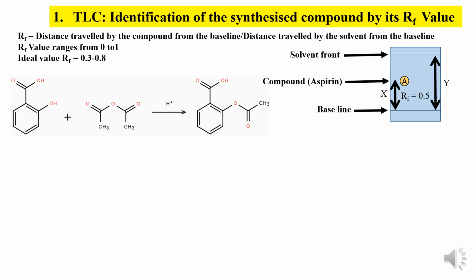So the RF value is a specific value and is used for identification of the substance, and it is a constant value depending on a given combination of stationary phase and mobile phase. So here, how do you calculate the RF value for aspirin? Divide X by Y.